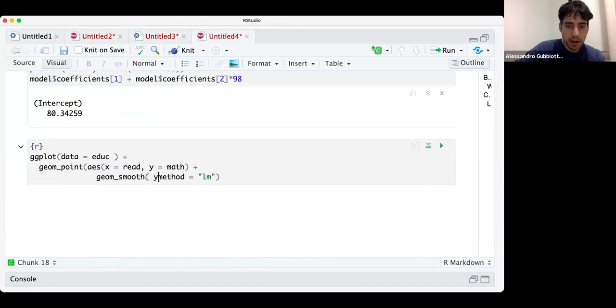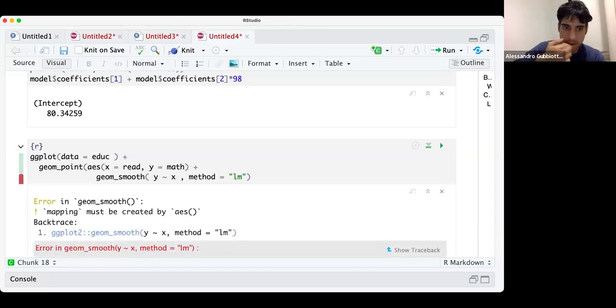I need here y, I have to predict y using x. I have to pass the formula.